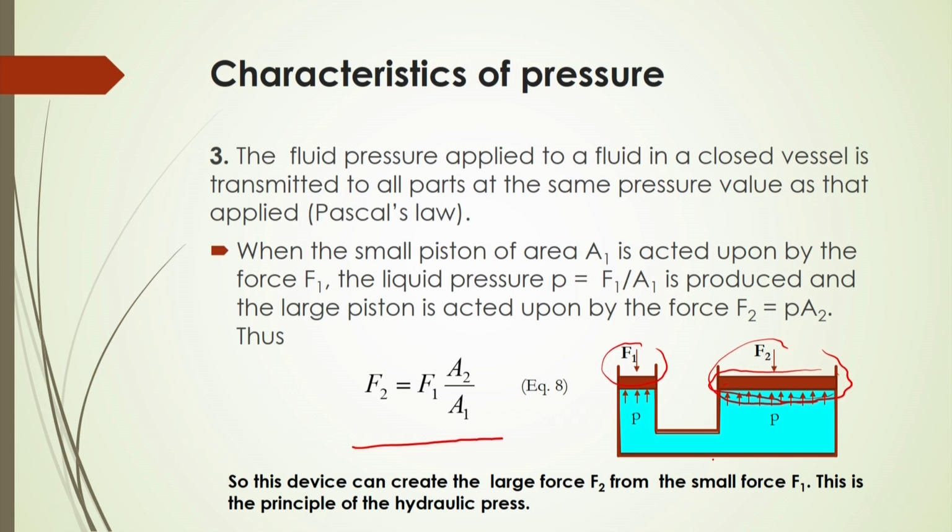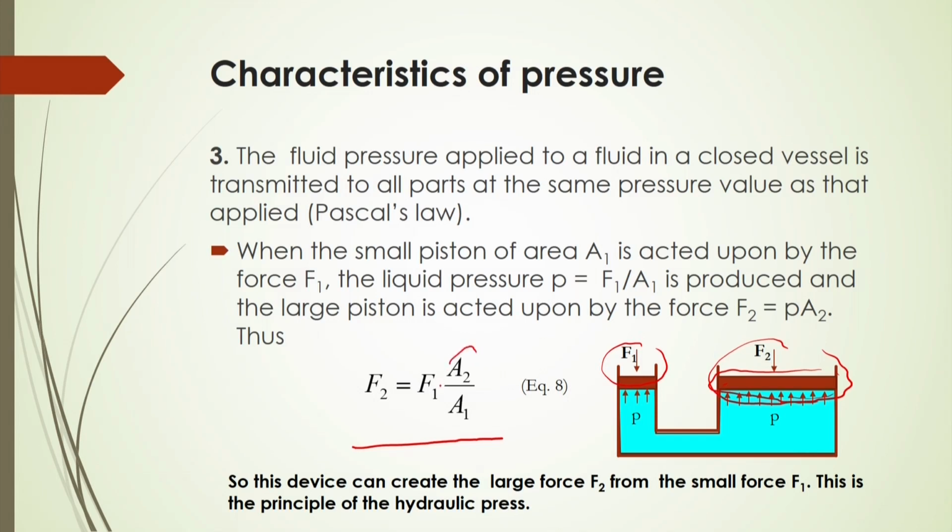So, if we apply a small force F1 in a small cross sectional area, the pressure exerted there would be P, and that P will always be the same in this large cross sectional area, which will be resisted by this force F2. So, F2 should be some multiplication factor of this F1 which is applied in the small cross sectional area.